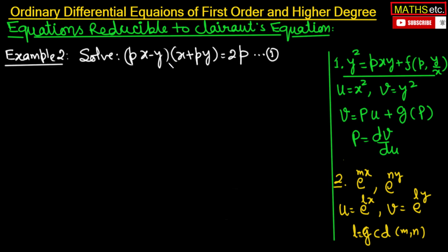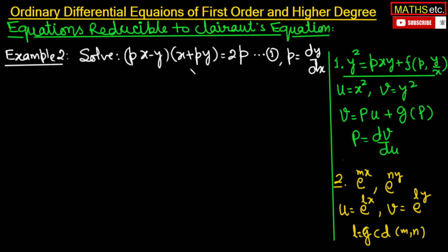Now we have p to the power p square, so this is a higher degree ordinary differential equation. Of course, p stands for dy over dx, the derivative of y with respect to x. Now these factors px minus y and x plus py are factors involved in Clairaut's equation. So this gives us an idea.